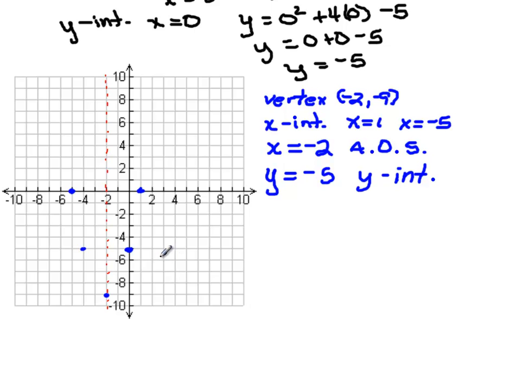That's a nice big math term, but there's a mirror image on the other side because every point's got to have a point that matches on the other side. See how the x-intercepts do that? 1, 2, 3 units, 1, 2, 3 units. So they match up on either side, so we can do that.